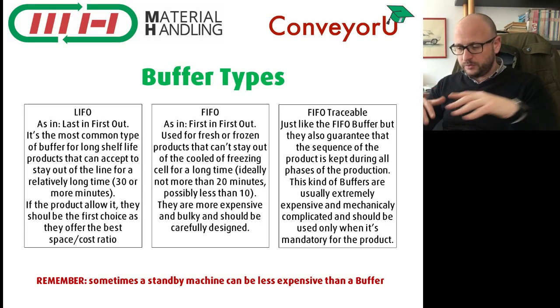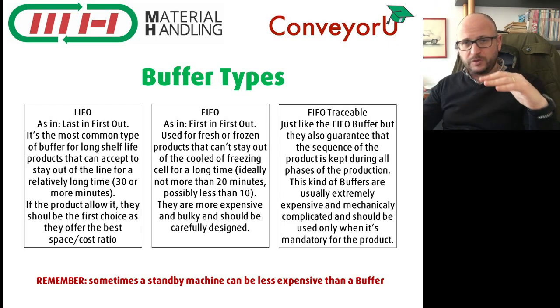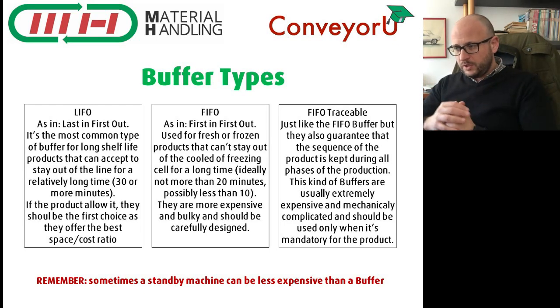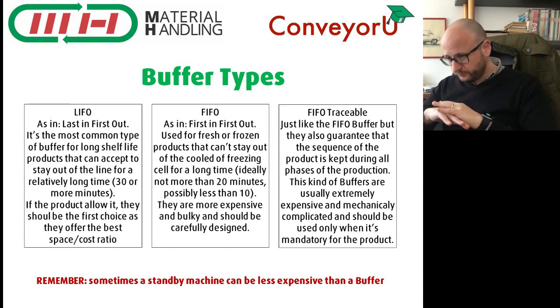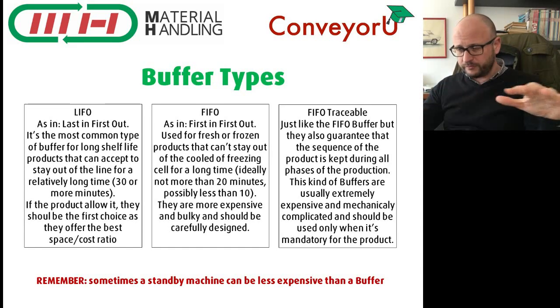So a buffer is always going to be useful to make the line run more smoothly, balancing all the differences of production between one machine and the others. This is important to take into consideration, even when the buffer may be more expensive than a standby machine.